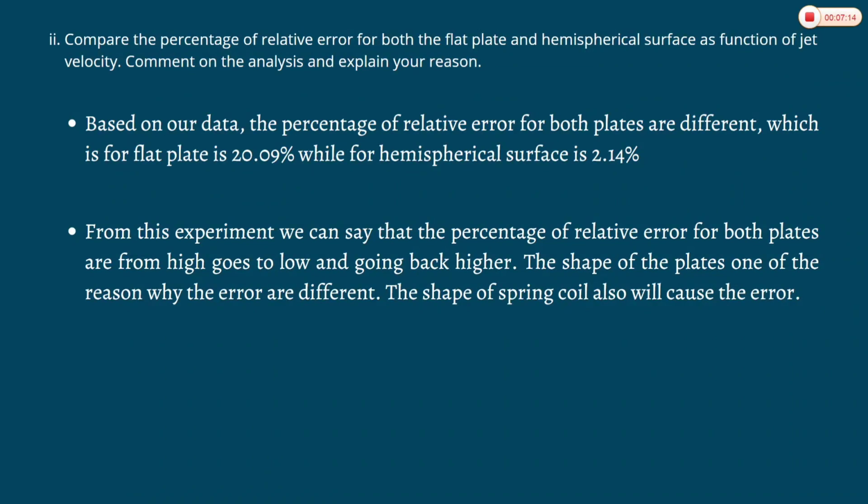So from this experiment, we can say that the percentage of relative error for both plates goes from high to low and going back higher. So the shape of the plates is one of the reasons why the errors are different, and also the shape of the spring coil will cause the error.